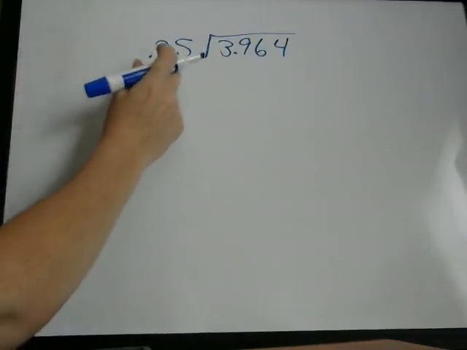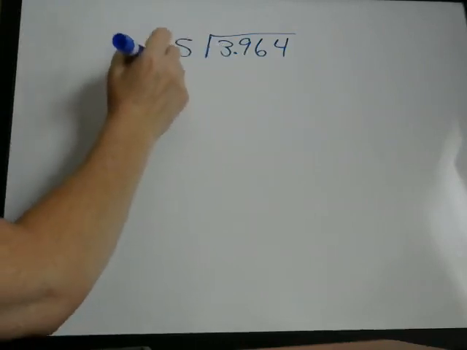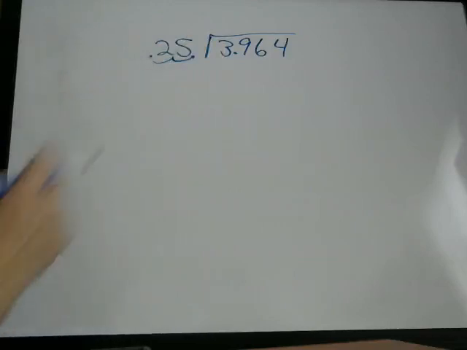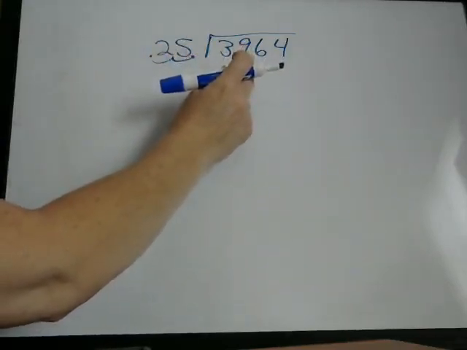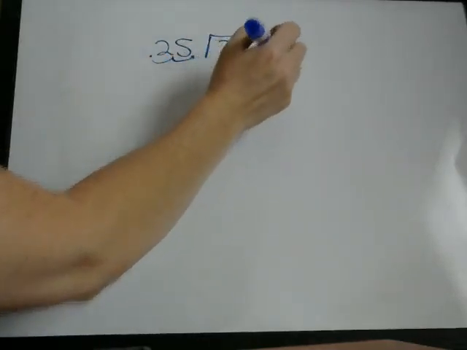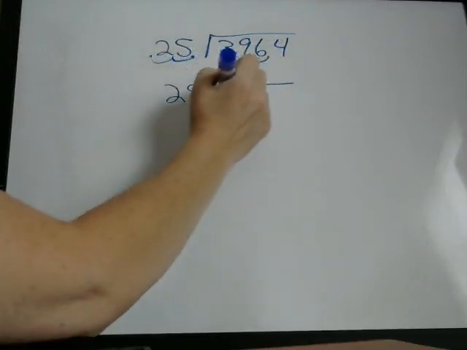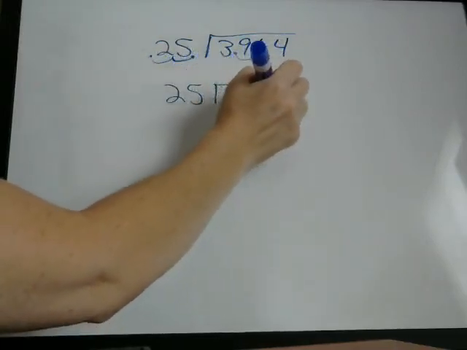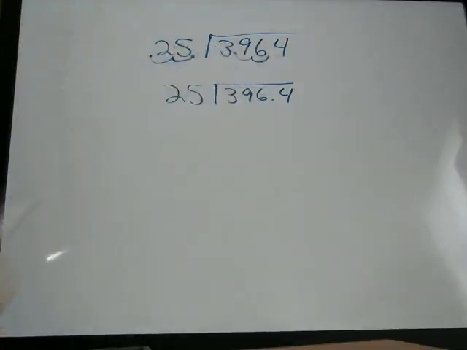So we're going to move this decimal point to the right as many times as it takes to get a whole number. 1, 2. If we move this to the right 2, we have to move this to the right the same number of times, so twice. 1, 2. So now we write this as 25 into 396.4 because we've moved the decimal twice in each number.